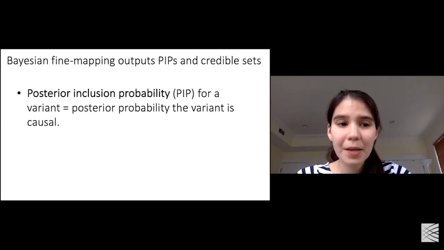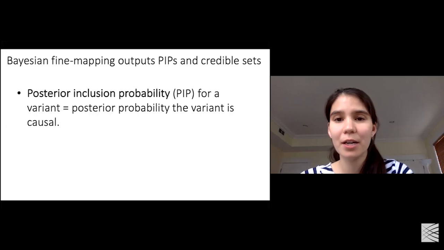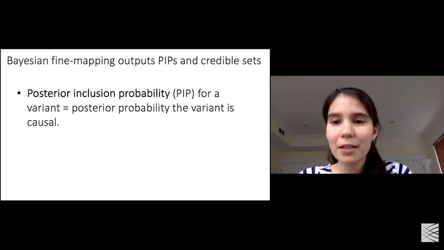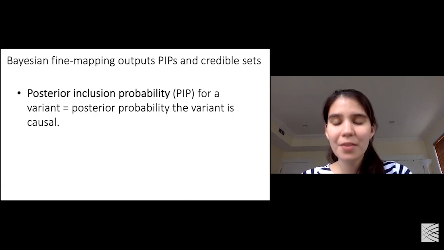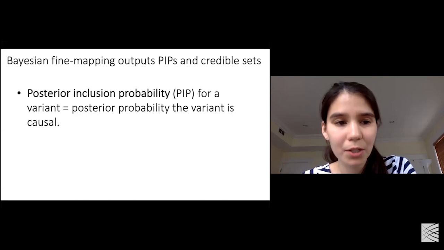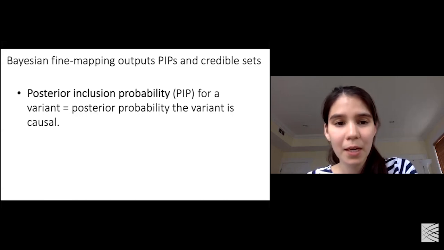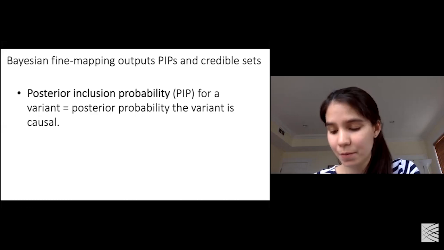A PIP of 1 would be the most confident you can possibly get. As the PIP gets lower, you think it's less and less likely that this is actually a causal variant driving the signal. This has a couple of different names. Posterior inclusion probability is the most standard one that I've seen, but some people call this posterior probability of causality, or you may see other acronyms in the literature.